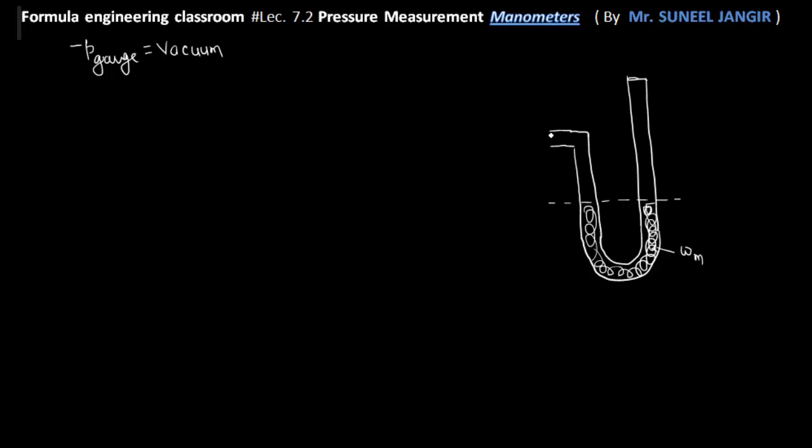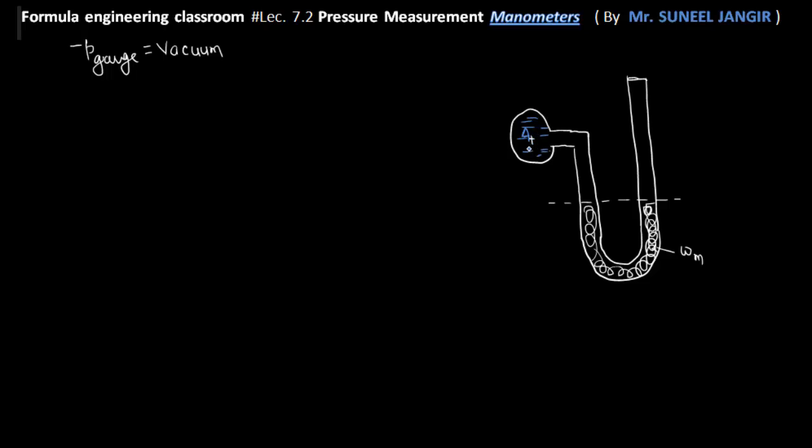Now let me connect this left-hand side limb to some pipe or container. This is the cross section of a pipe, and this is the center of the pipe, and in this pipe some fluid is flowing. The pressure of this flowing fluid at the center point, which I'm calling point A, is less than atmospheric pressure.